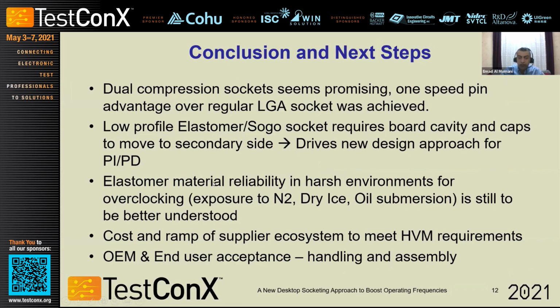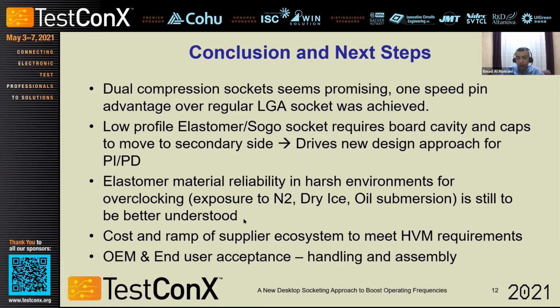The elastomer material, if it ends up being chosen as an option, we also have some concerns about, especially in harsh environments where, like with overclocking, customers may need to expose these platforms to N2 or dry ice or do some oil submersion. So long-term quality and reliability is a concern, and it needs further attention and study.